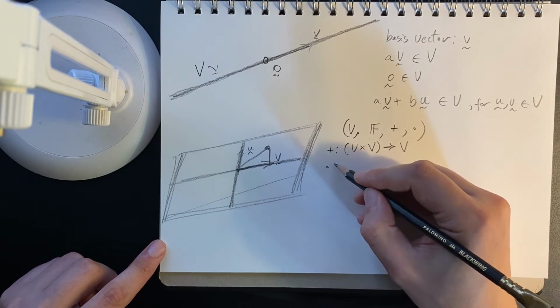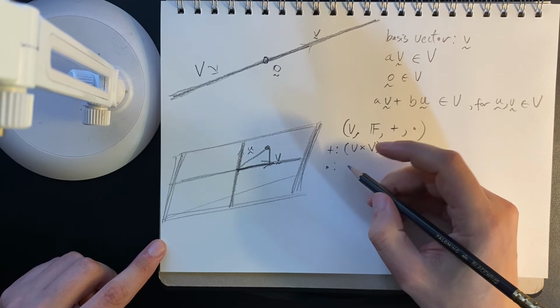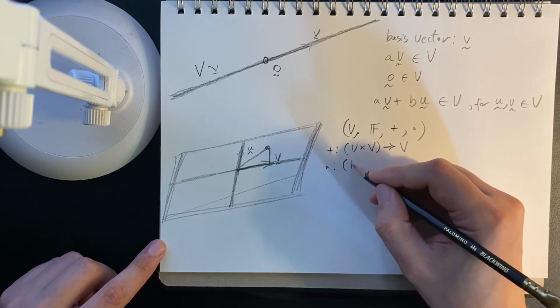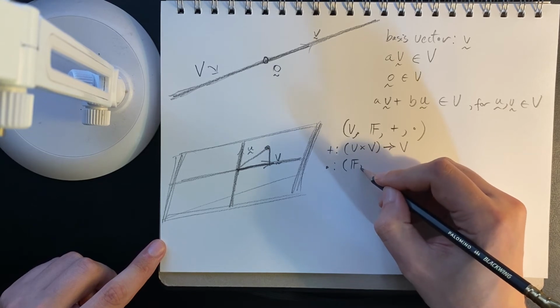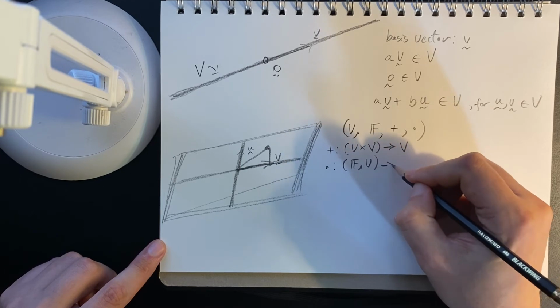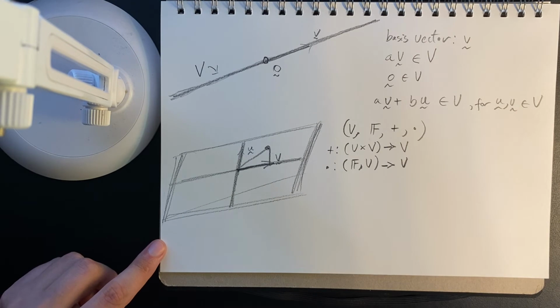And the multiplication is scalar multiplication. So it operates on an element of the field and an element of the vector set, and returns a result which is within the vector set.